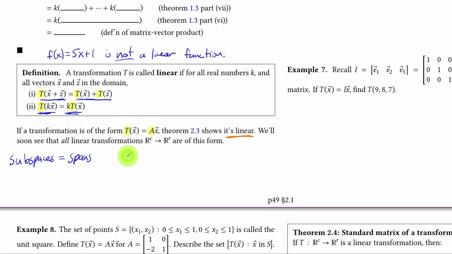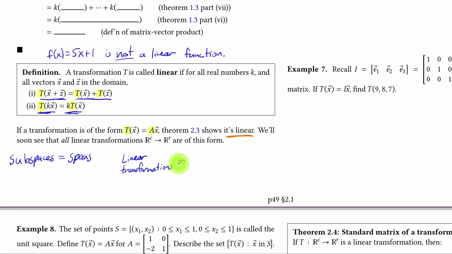Here, we're going to show that linear transformations, meaning functions that satisfy these two properties, are the same thing as matrix transformations that can be written T of x equals Ax.